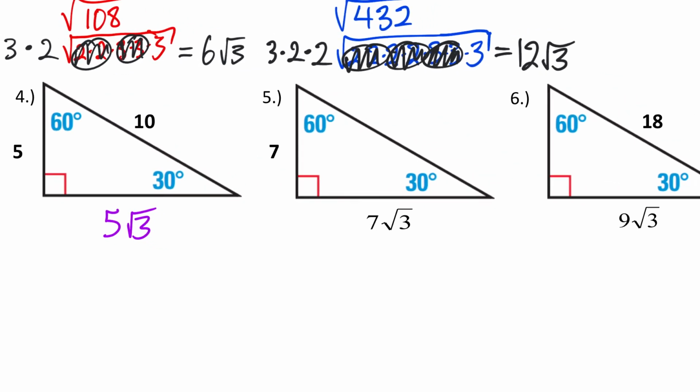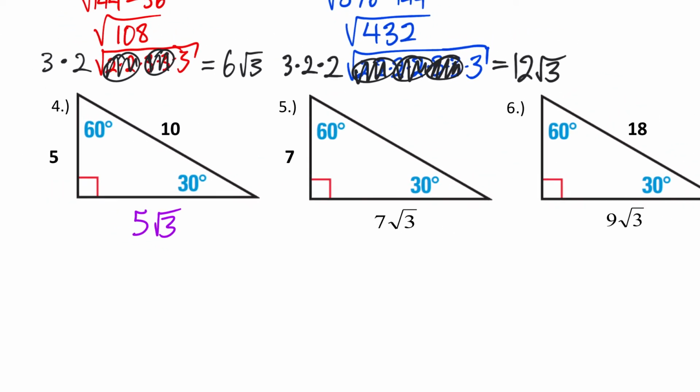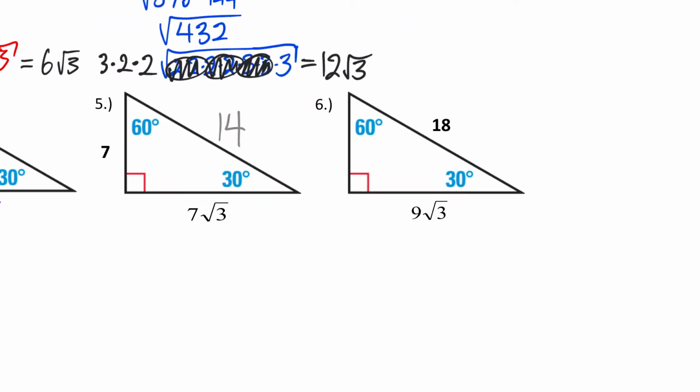On number 5, how long is that missing side going to be? It's 14, just like we talked about. The shorter leg is always half of the hypotenuse, or the hypotenuse is double whatever the shorter leg is. Then on number 6, how long is that missing side going to be? That's going to be 9.